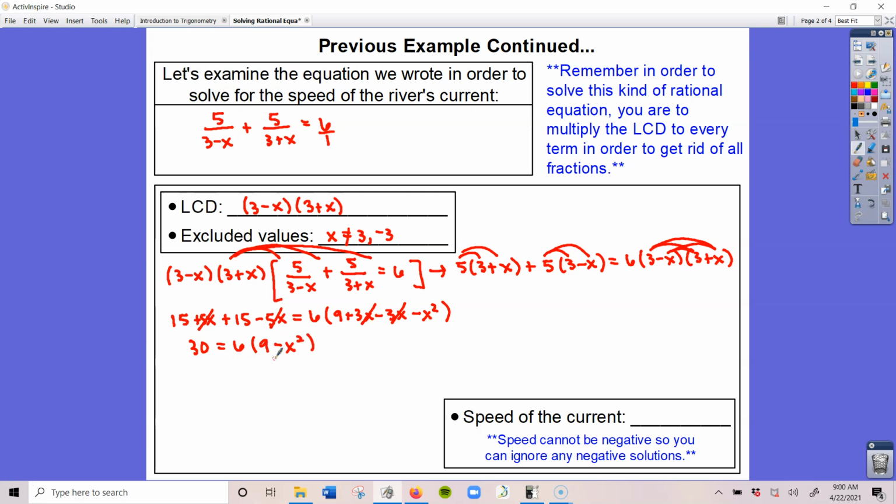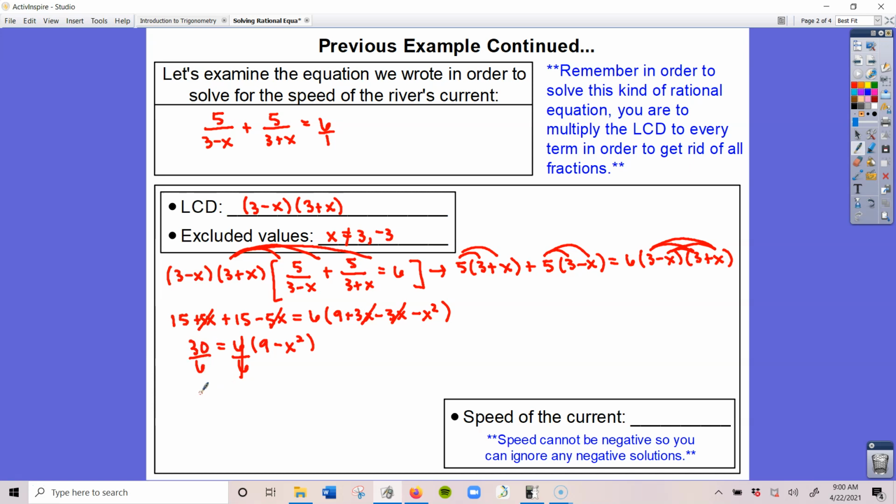Now, although this is a quadratic, what we see here is that we have x squared by itself, basically. We only have one variable, so I can just solve for this variable. Now, I can start off here by dividing by 6. You can either distribute the 6 and then solve for x, or since this is being multiplied, I can just divide it to keep my numbers small.